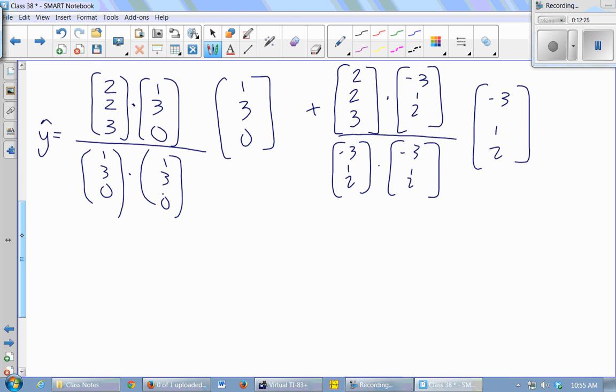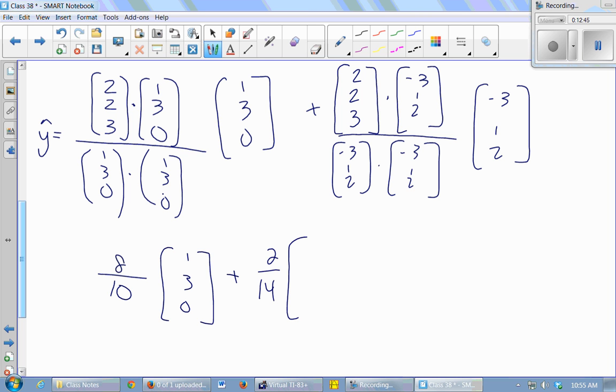Okay, so when I dot these, I get 2 plus 6, which is 8, over 1 plus 9 is 10, times 1, 3, 0, plus 2 over 14 times -3, 1, 2. So I have 8/10. Let's reduce these.